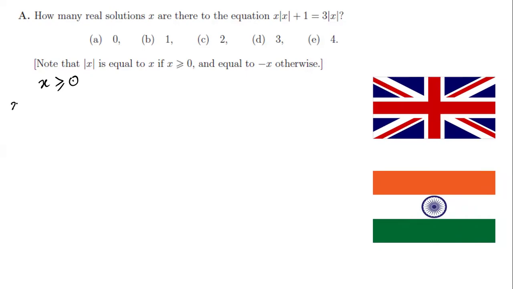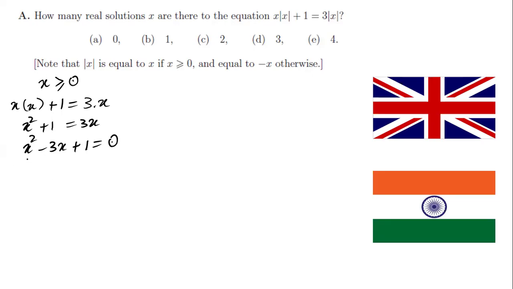Then mod of x will be considered as plus x, so x multiplied by x plus 1 equals 3, mod of x again plus x. So this is x square plus 1 equals 3x, so x square minus 3x plus 1 equals 0.